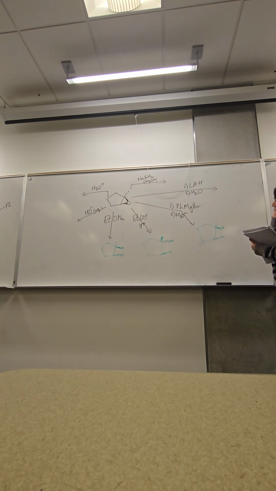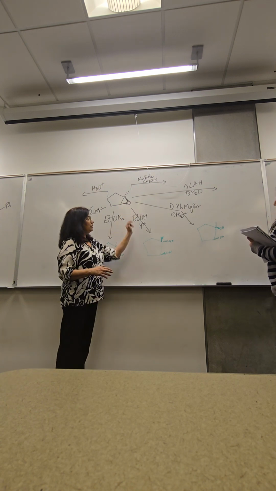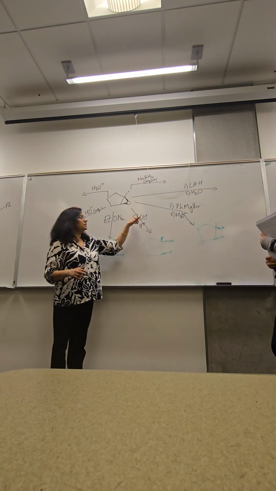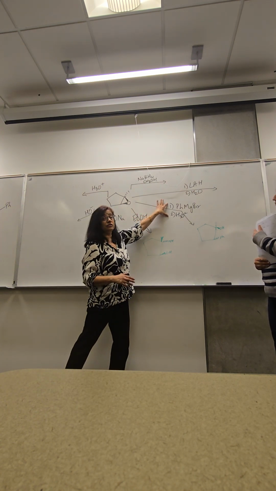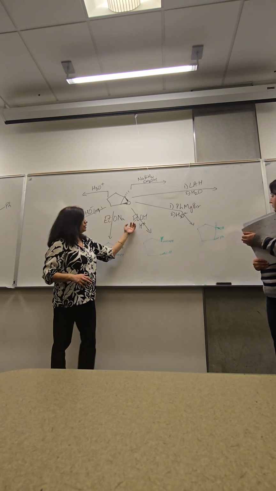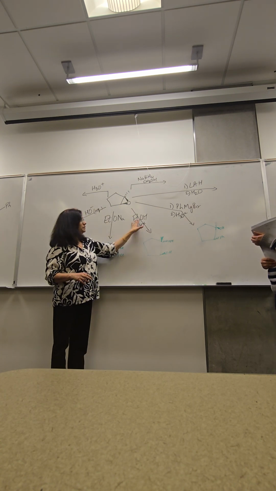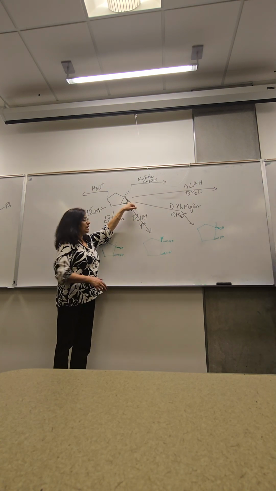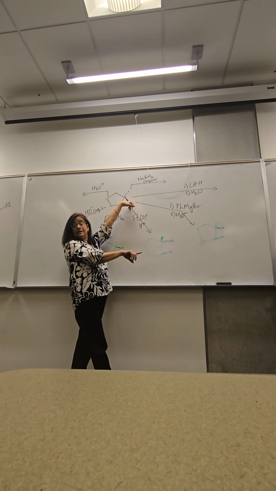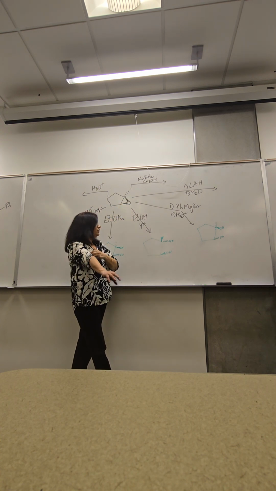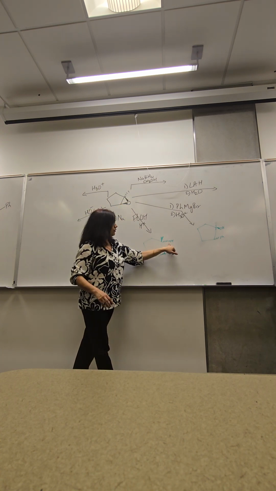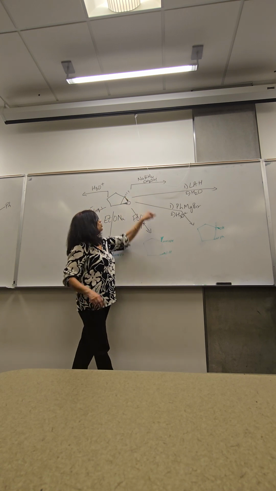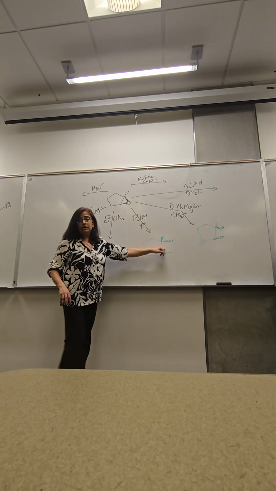In this particular case, when they're both together, please understand the difference between this and this. They're totally different things. Here, the two are together, which means the acid is going to protonate, and then the nucleophile will attack and open up the epoxide ring. So in that case, the nucleophile goes to the more substituted carbon.